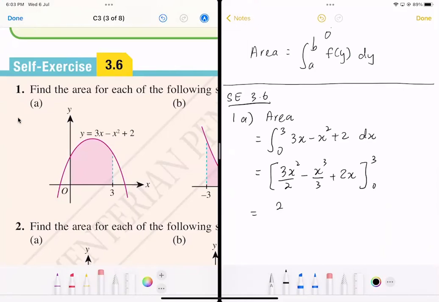I got, using my calculator, 37 over 2. Since it is area, I write unit square.